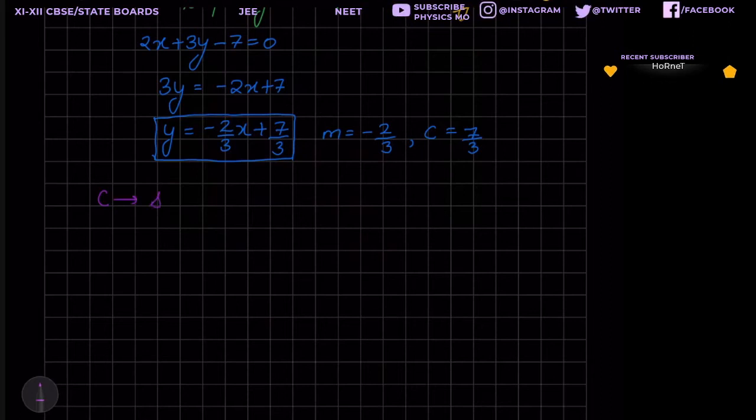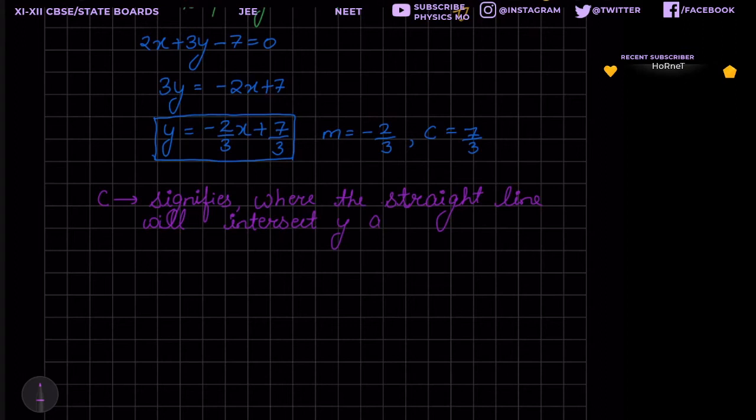This value of c signifies where the straight line will intersect the y-axis. y-axis को वो कहां पर इंटरसेक्ट करेगा?